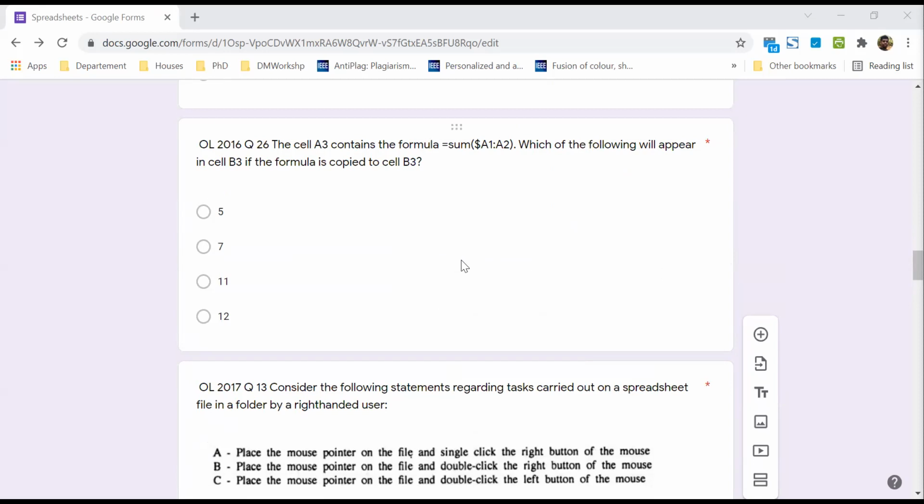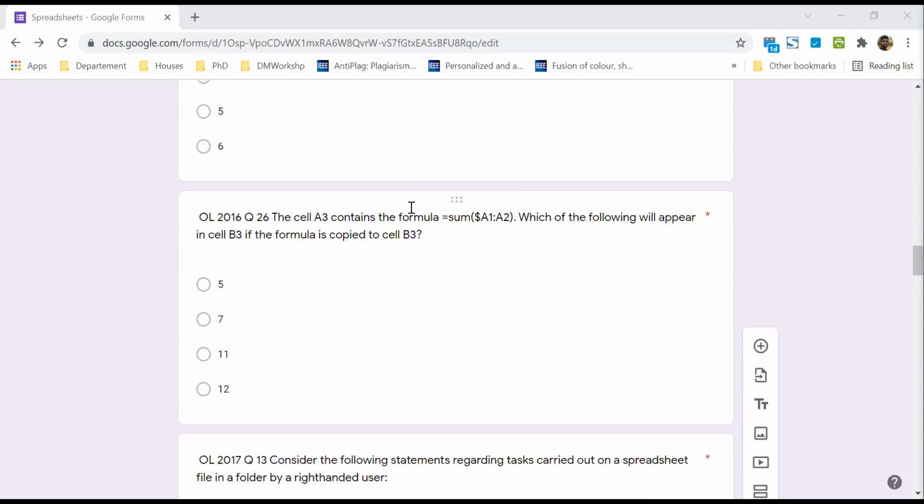This was a bit difficult for everyone. Now, when you say the cell containing formula SUM A1, A2, which of the following appears if cell A3 is copied to cell B3?